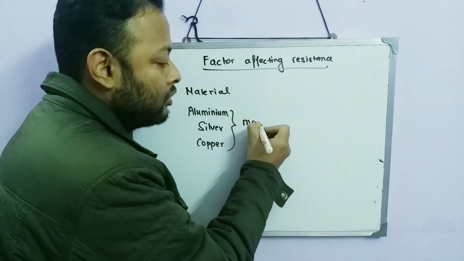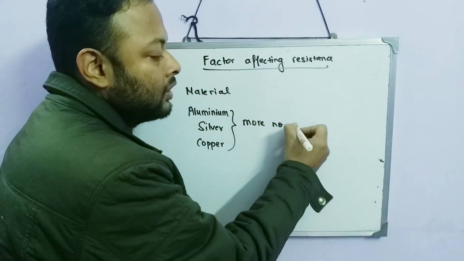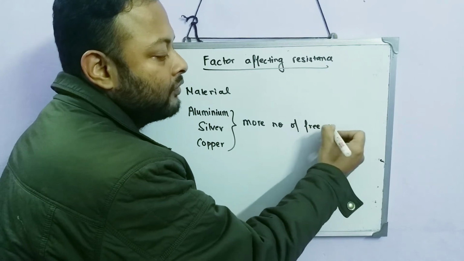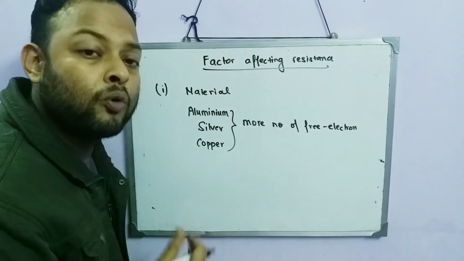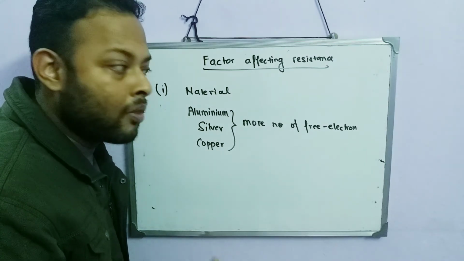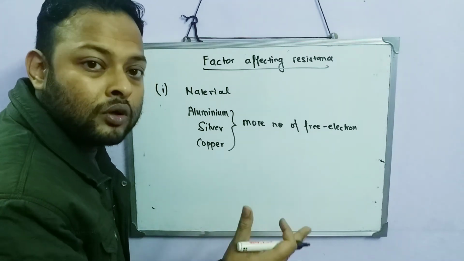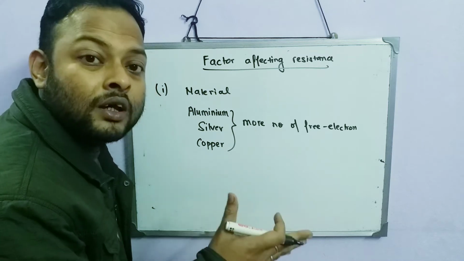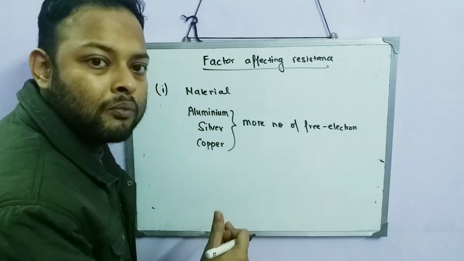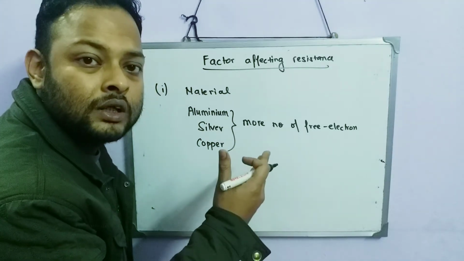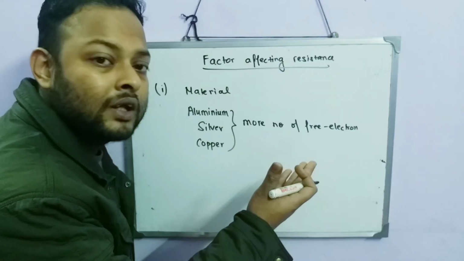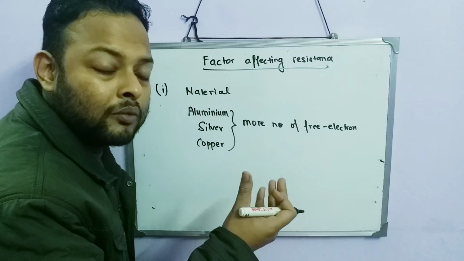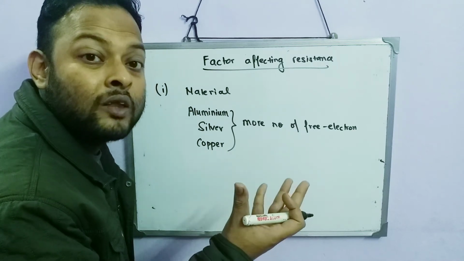And obviously, if they have more free electrons, their conductance will be more. They will conduct electricity more because electrons are the cause of electricity or current. So if they have more free electrons, the value of current will be more.